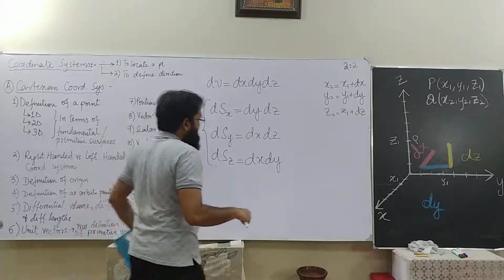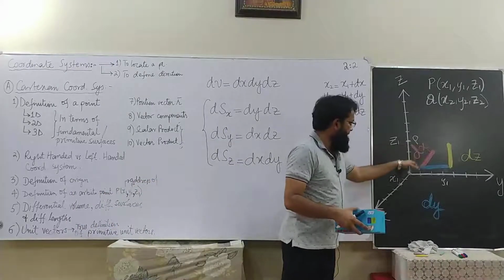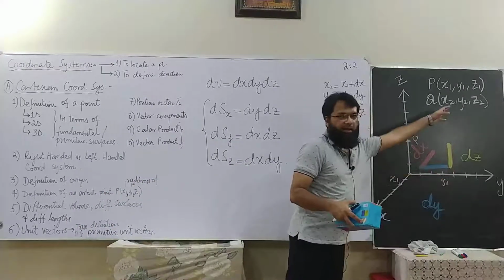All right, so the differential lengths are simply dx, dy and dz.